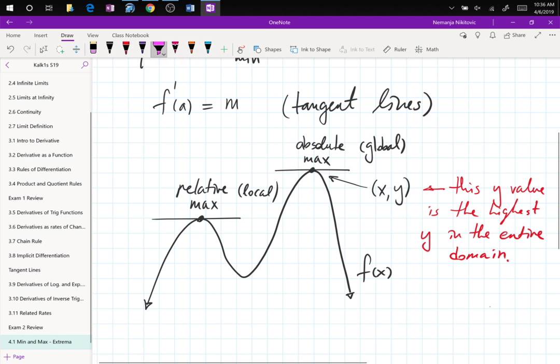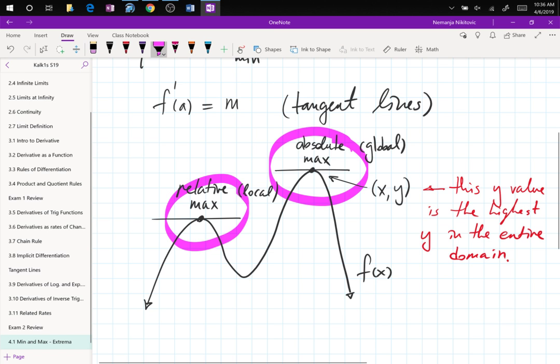A relative max or a local max is a boss in its own neighborhood. You can think of the president of the country and the governor of a state. Or you can think of the governor of New Jersey and the mayor of a town.